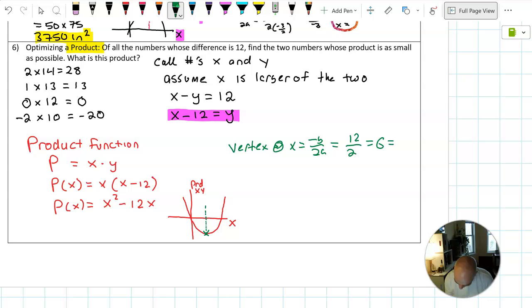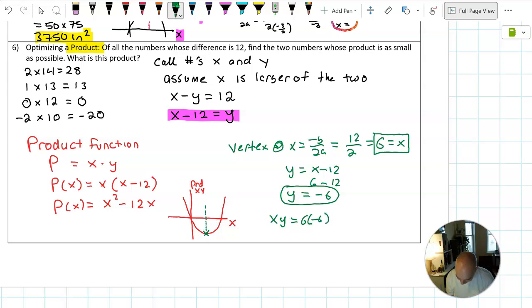And that's x. We also want to know y. Well, we know y is x minus 12. So 6 minus 12 is negative 6. And then what's the product of x and y? Well, x times y is 6 times negative 6, which is negative 36.